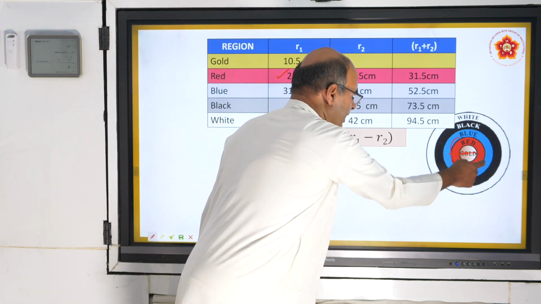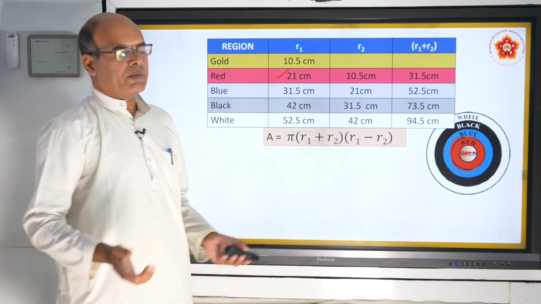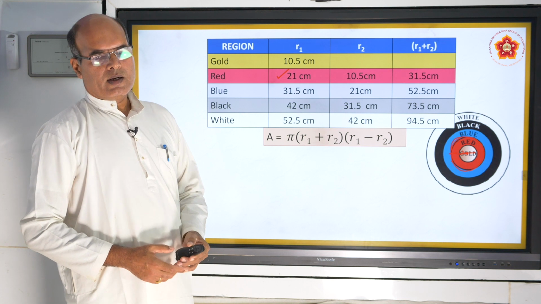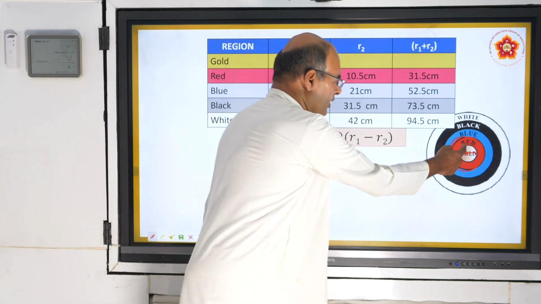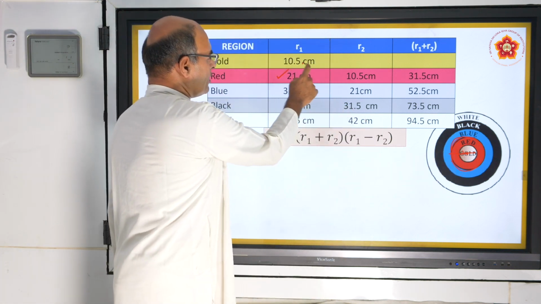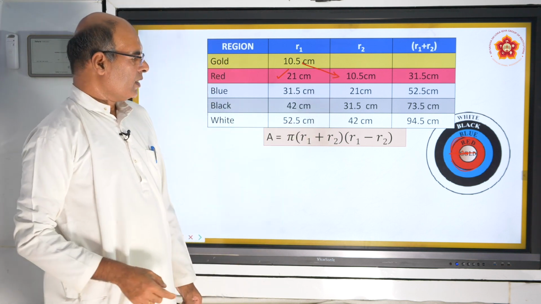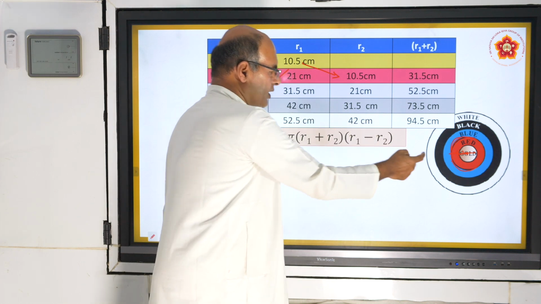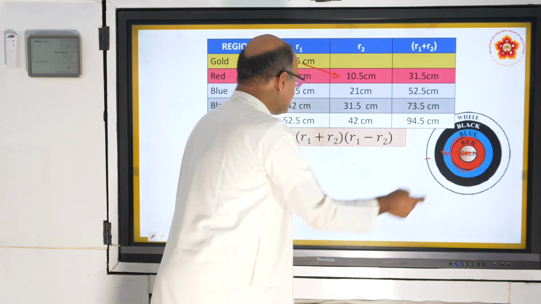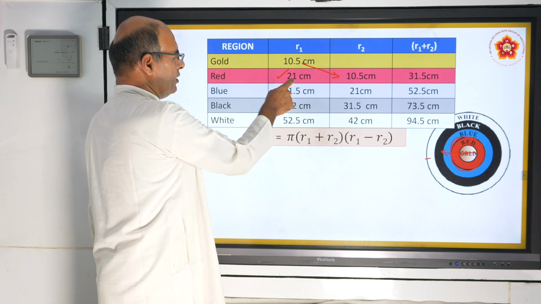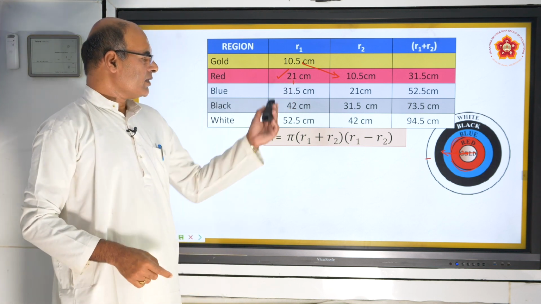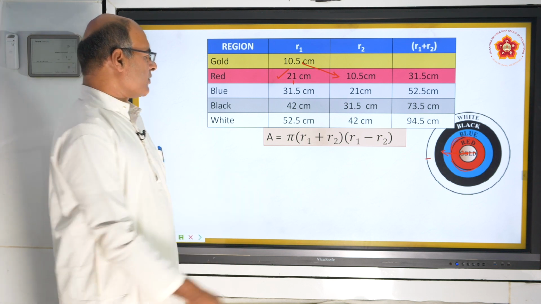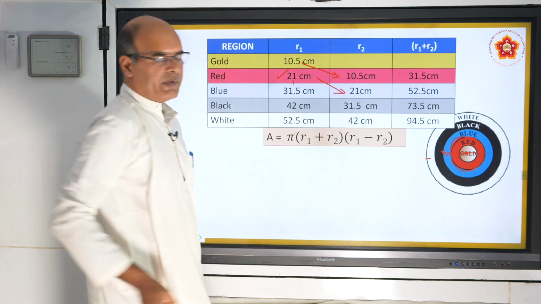So 10.5 plus 10.5, that is 21 centimeter, is the radius of the bigger circle. If we take the red region, then R1 is 21 centimeter, and the radius of the inner circle is 10.5 centimeter. If you take the blue region, then the radius of the outer circle is 10.5 centimeter more than its previous circle. So 21 plus 10.5, 31.5 centimeter is the radius of the outer circle, and the radius of the inner circle is 21 centimeter.